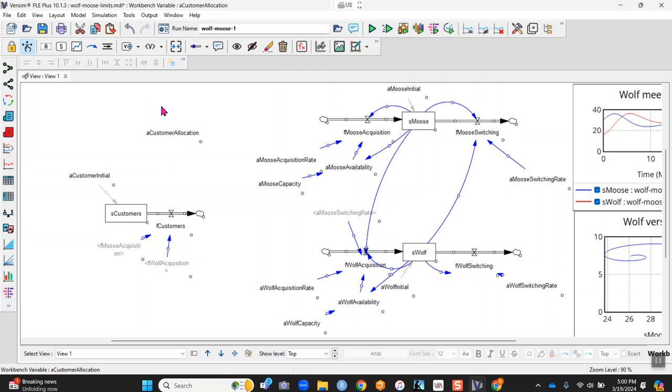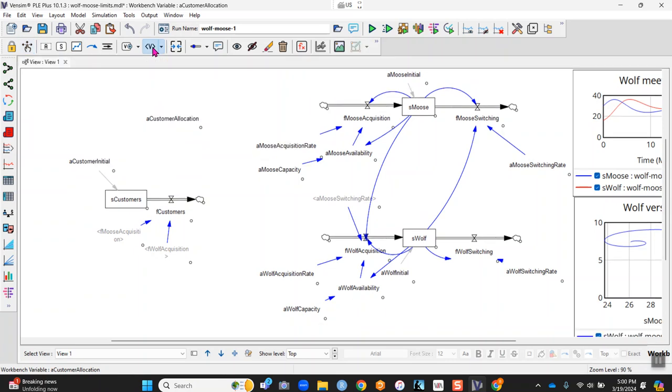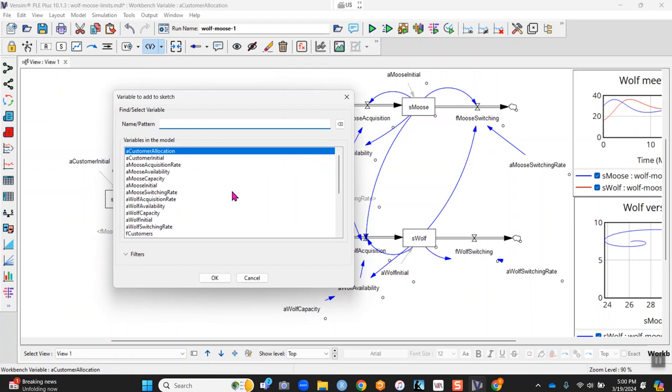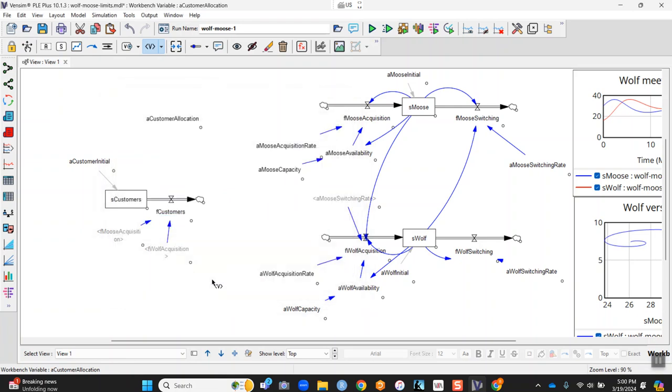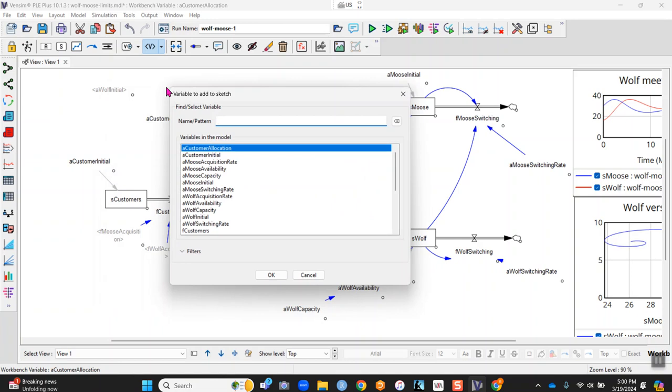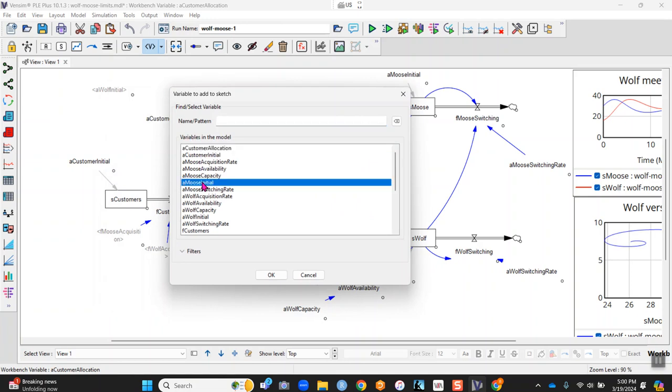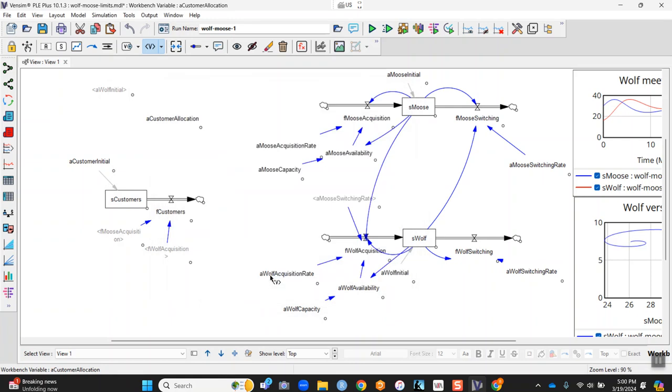Let's feed into this 2 shadow variables. One is the initial wolf customer base, and the other is the initial moose. You know, one's bigger than the other.